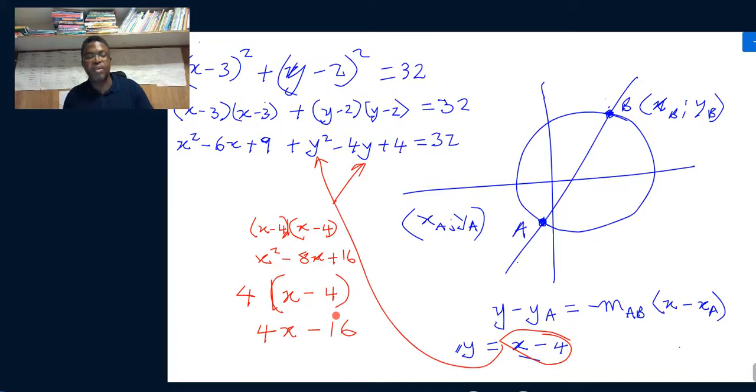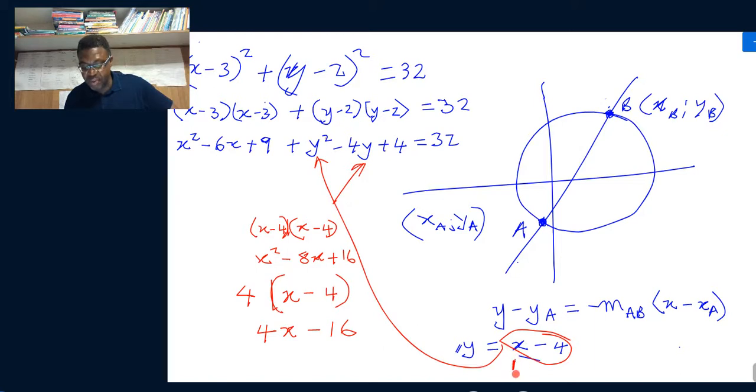You now have an equation that has got similar terms. You group the like terms, you combine them, you factorize, or you use the quadratic formula. It's up to you. If you cannot factorize, you get the values for x, and then you take those values and substitute them in this linear equation.